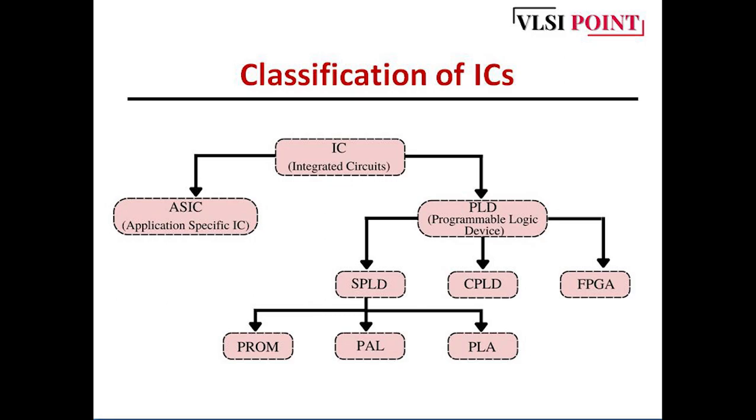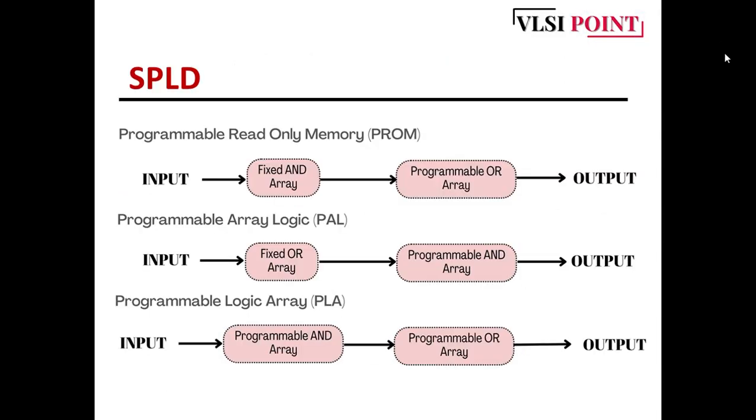So now we can see a more detailed circuit. So guys, when I am calling fixed AND array or programmable OR array, also the fixed OR array and programmable AND array, what is the meaning of fixed array and programmable array? Fixed means all the possible connections are available before and after the programming.